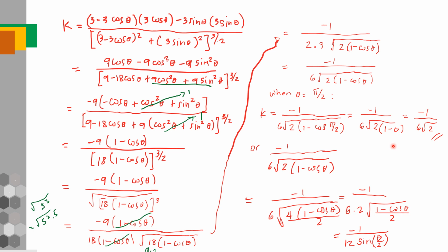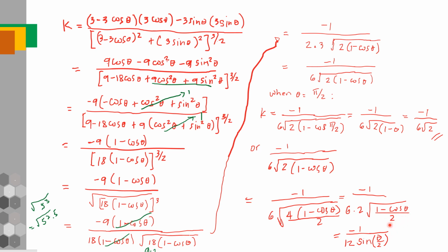Or pwede mo rin gamitan ng identity, no? Which is yung magmo-multiply ka lang ng 2 over 2 dito. So, meron siyang 4 over 2 na. Okay? Tapos, alam naman natin yung square root ng 4 is 2. So, lalabas yung 2 dito. So, ang matitira na lang is yung 1 minus cosine theta over 2.